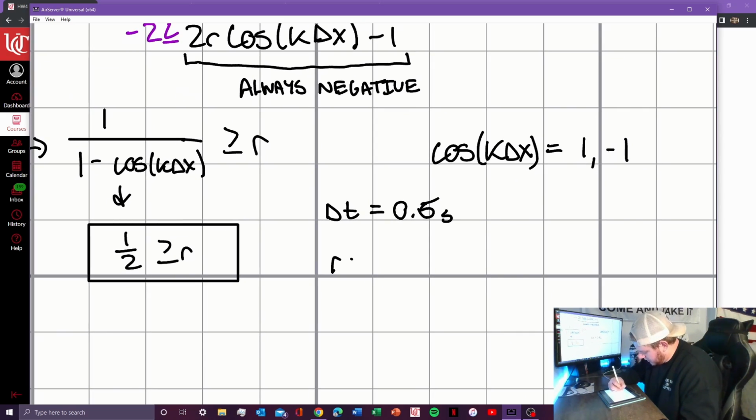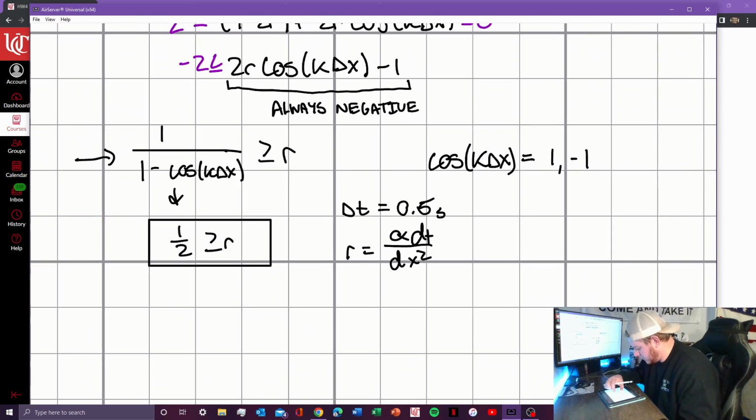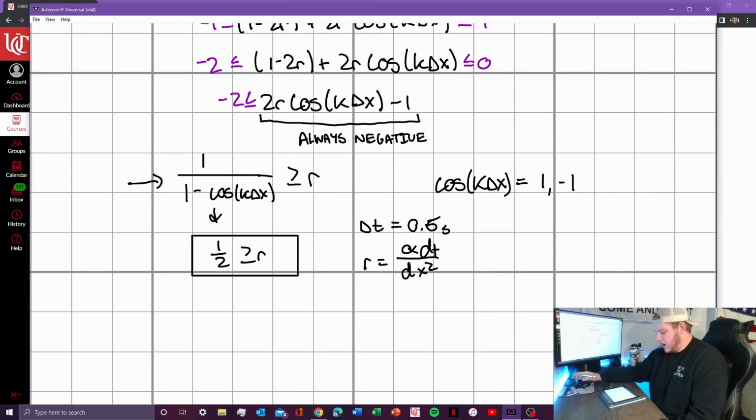And r is equal to alpha times the time step over the partial derivatives there. Sure. So that's what that is. So that confirms our von Neumann stability analysis. Thank you.